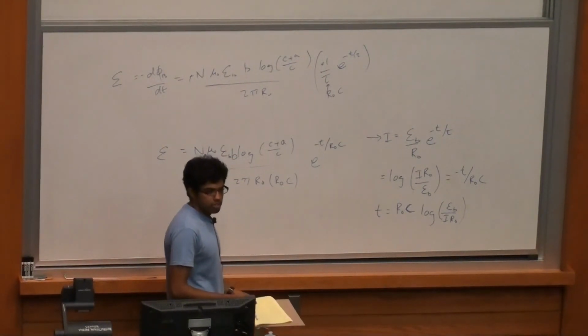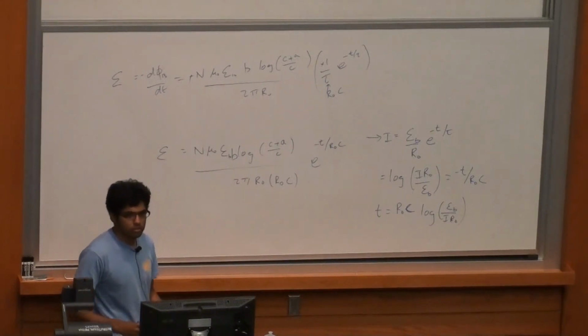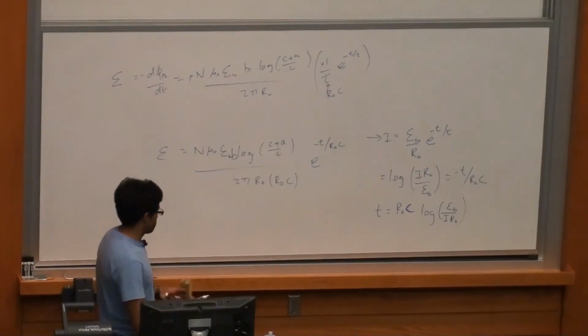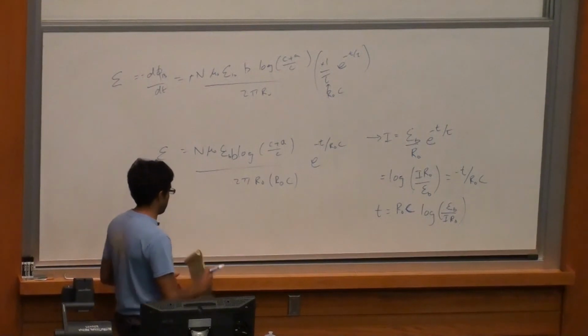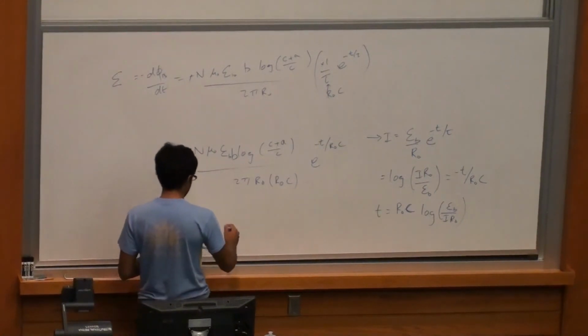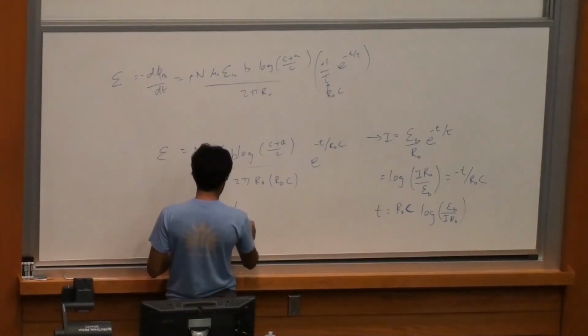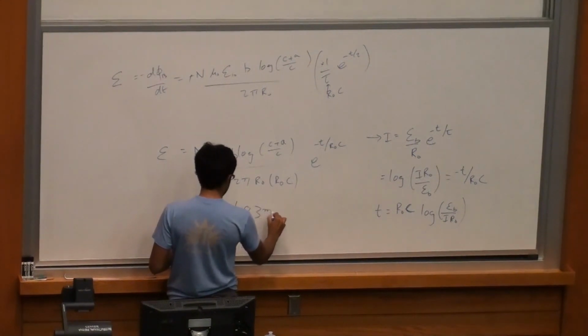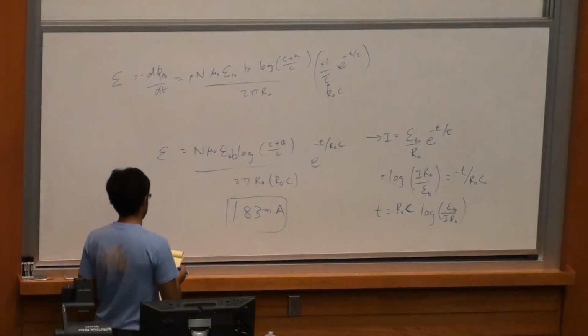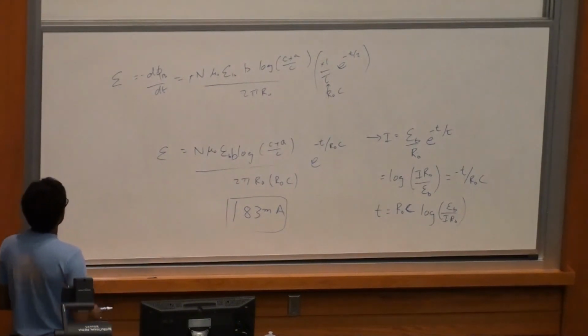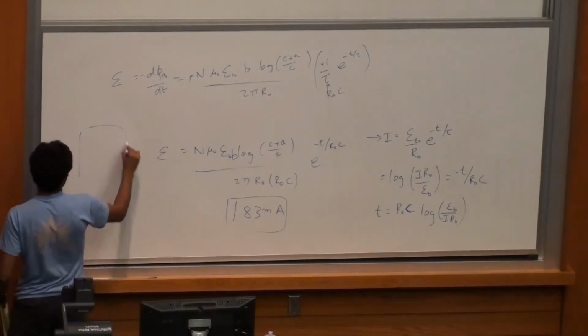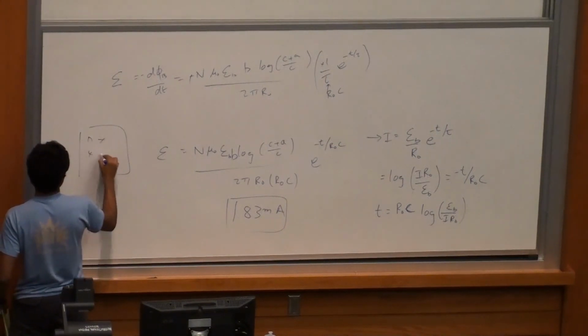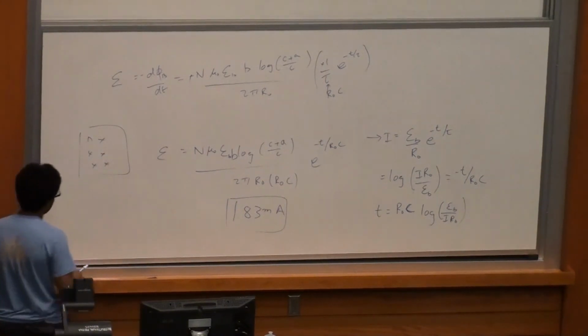Right, you plug in, I'm sure you guys have different numbers. But the numbers should be around the same order of magnitude. For the numbers from the book, once I plugged everything in, I got 1.83 milliamperes. And for the direction of the current, well, the magnetic field is going around this way.